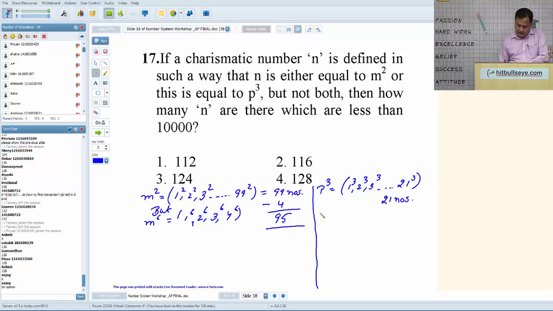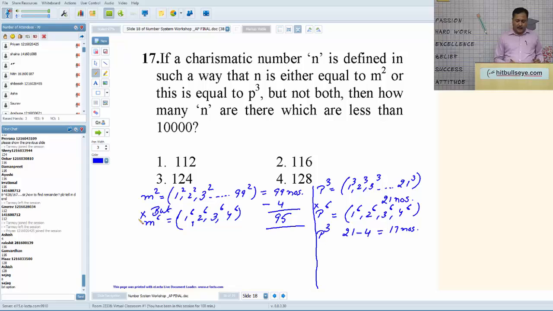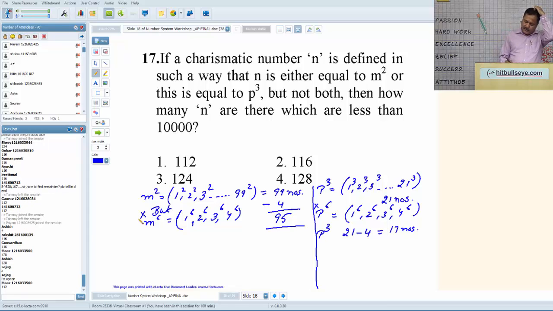but number should not be in the form of p raised power 6. So number should not be 1 raised power 6, 2 raised power 6, 3 raised power 6 and 4 raised power 6. So there are 21 minus 4, 17 numbers which are only perfect cubes. How many squares? 99 squares from 1 to 99, but number should not be m raised power 6 form.